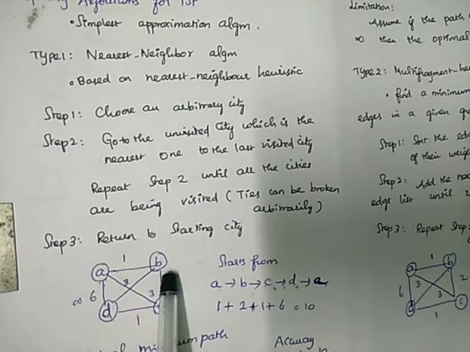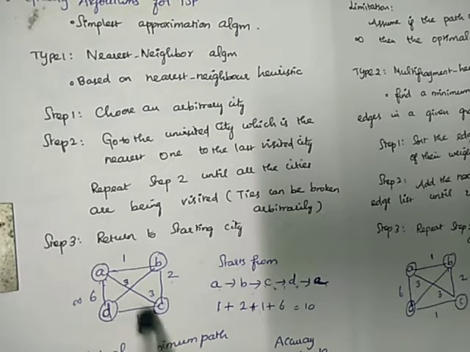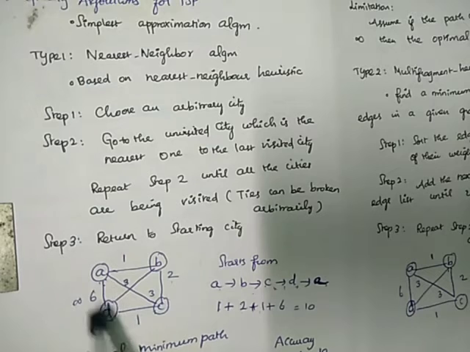The minimum cost edge goes to B, so the next node to be visited is B. Then B is connected with C, D, A; omit A. C has the edge cost 2, D has the cost 3, the minimum cost is 2, so A to B, B to C. From C, select D, since the edge cost is 1 compared to the other nodes. Then D to A. Automatically we have to select A because all the nodes have been visited.